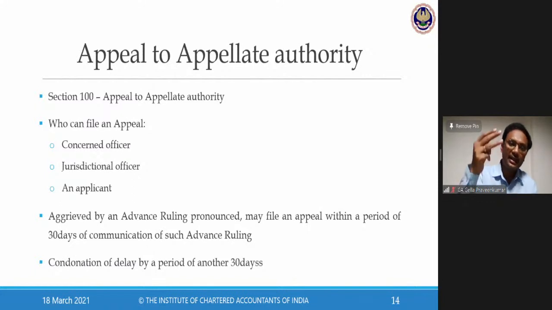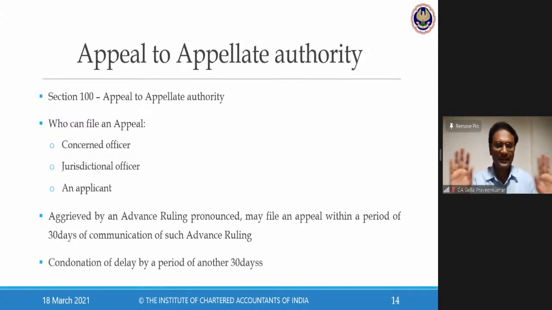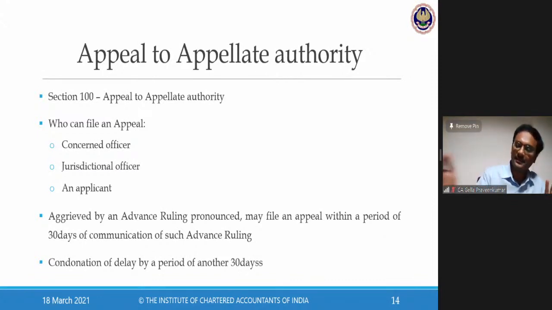I repeat, either of these three people, when aggrieved by the advance ruling, can appeal. 99.99% the consent officer will not disturb his mind. He's always a happy person. He's like a postmaster. Document comes in, document goes out. Document comes in, document goes out. So this consent officer will not be affected by the advance ruling.